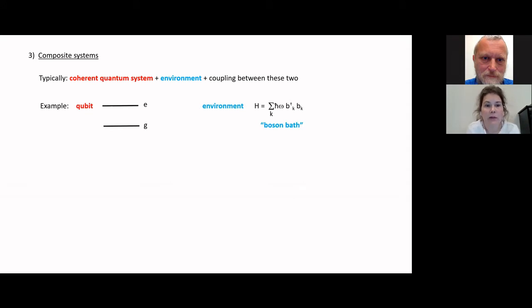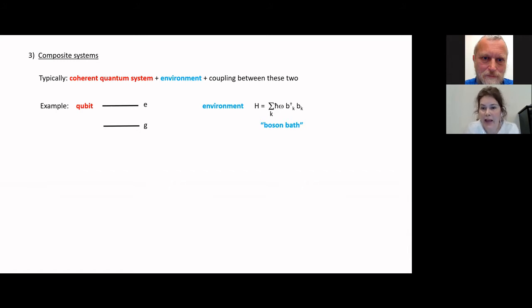So we need to label both the system and the environment. An example that we'll actually see later on in the homework. Imagine a qubit, a two-level system with a ground state G and an excited state E. And this qubit is coupled to an environment, and the environment, you will also learn about, is a so-called boson bath, which is described by the Hamiltonian that you can see, h bar omega, and the modes are labeled by a mode index k.